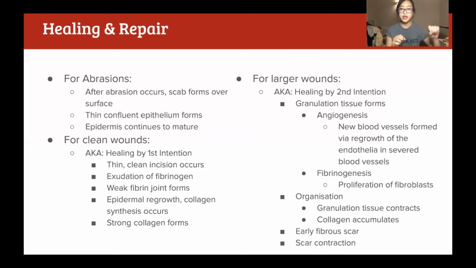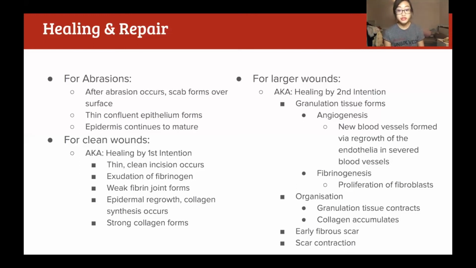So you can kind of imagine that if there's a tube that has been severed like that, something would have to happen for it to be grown back, right? So that's when the endothelia from here would grow this way, the endothelia from here would grow the other way, and then that kind of creates new blood vessels from the severed blood vessels due to the injury.